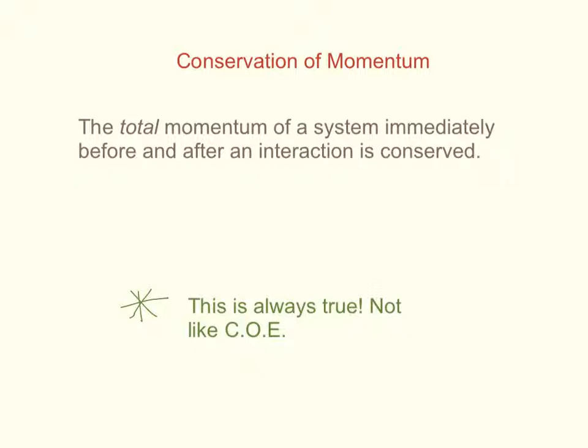In class, the last couple of days, we have been creating various interactions, collisions between two different objects, and observing and recording data related to their individual momentums. And then, ultimately, the last thing I asked you to do was look at their combined momentum before and after they interact with one another and see how they compare.